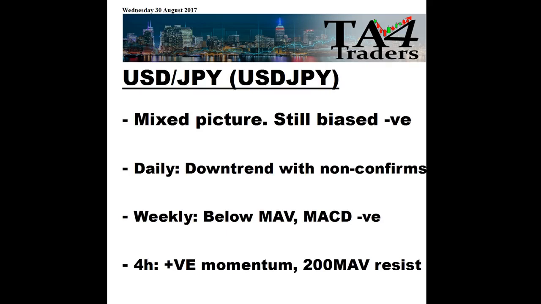On the weekly, we're below all the moving averages, and the MACD has just turned negative, so watch that one. On the 4-hour, that's where we've had a big move. The momentum there is positive, but there is that resistance from the 200 moving average, 110.45.